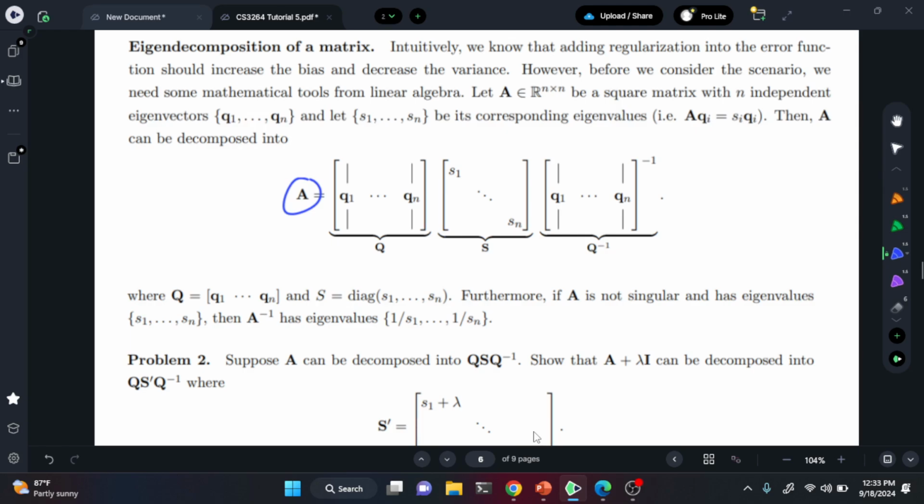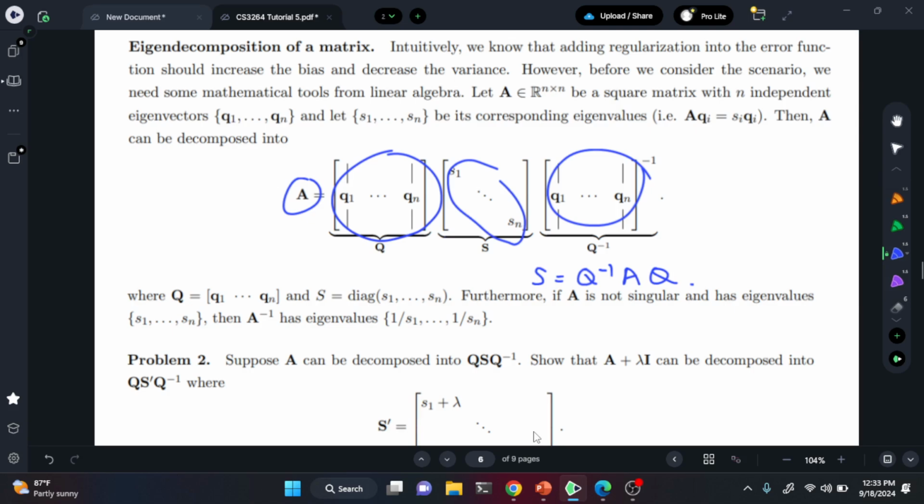Then this A can be decomposed as this eigenvector matrix multiplied by a certain diagonal matrix multiplied by the inverse of that eigenvector matrix. If I want to get the S, then usually I will just write S as Q inverse A Q. This is the common property that you have seen in your MA 201, chapter 6. You can look through it again.